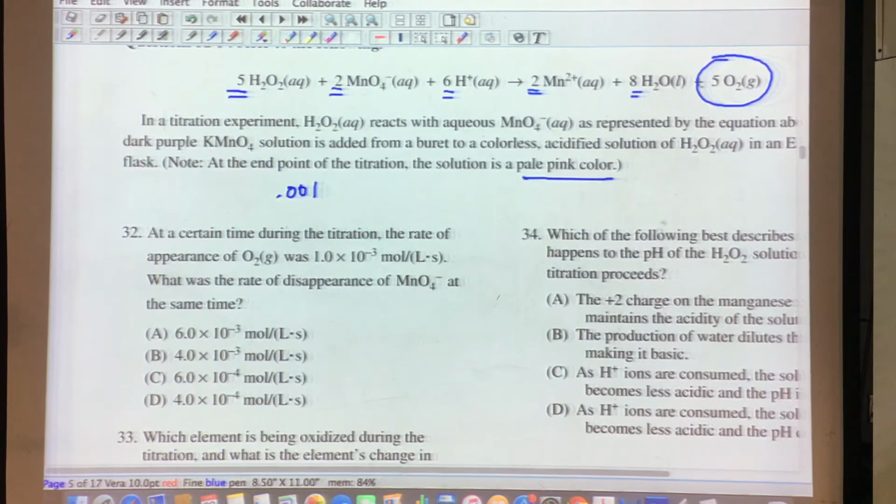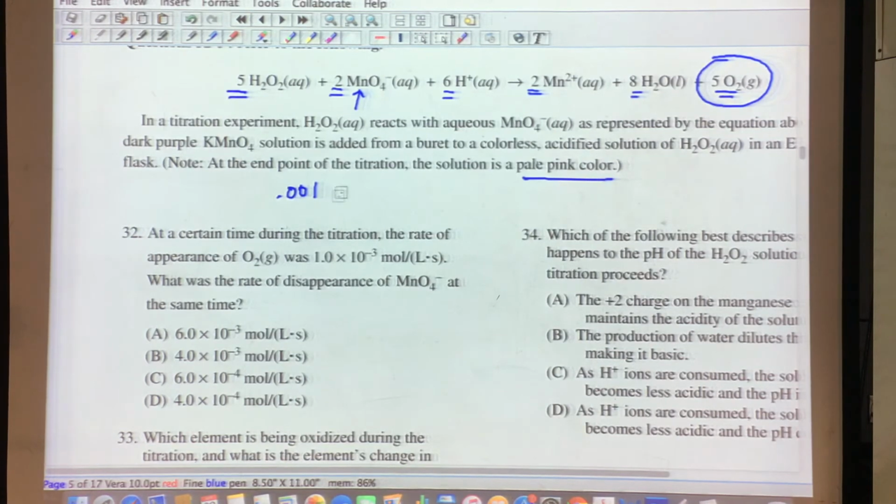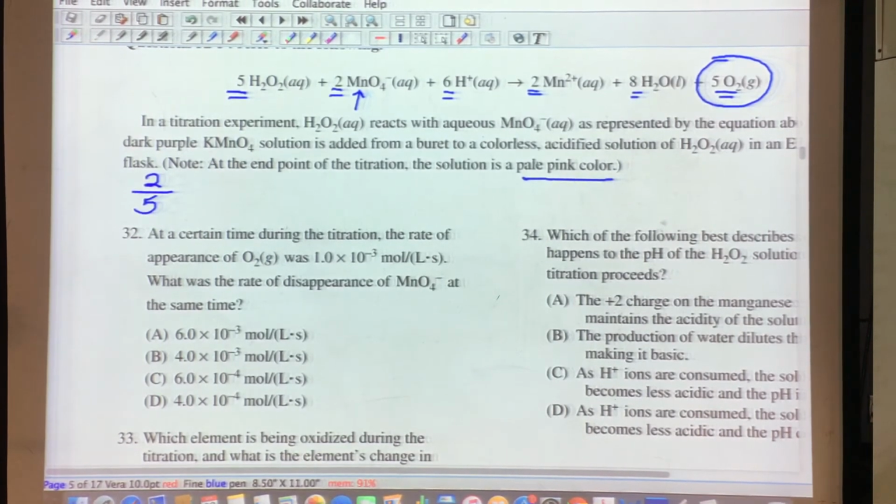Well, what's the ratio? The rate of appearance of O2 is 5 moles, the rate of disappearance is 2 moles. So what's the ratio? Permanganate loses 2/5 of what O2 gains.